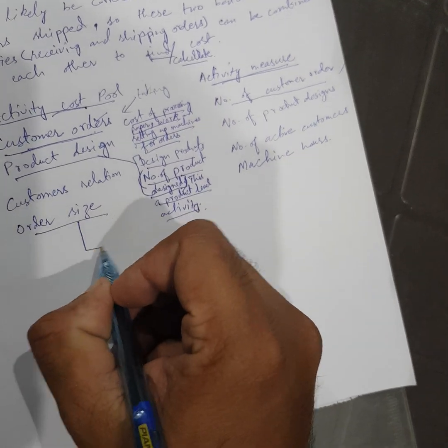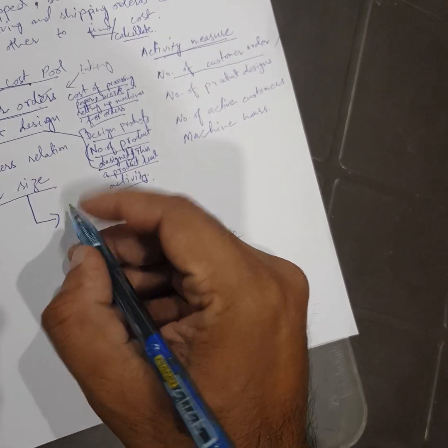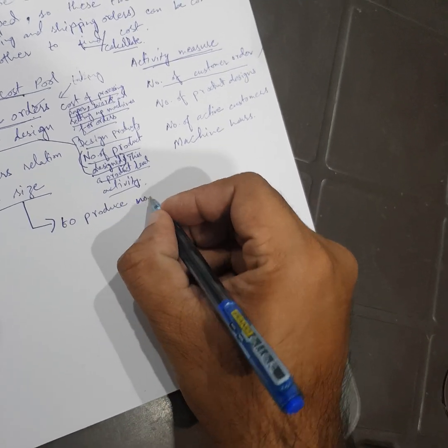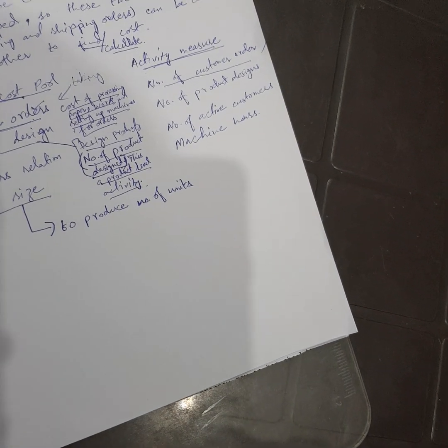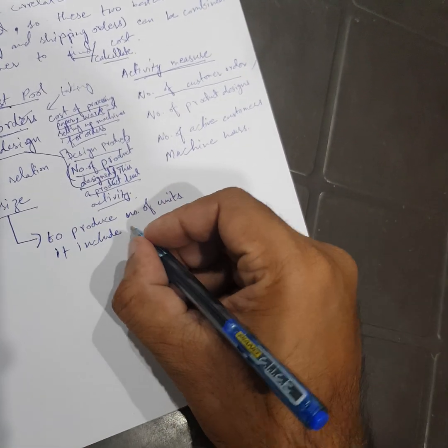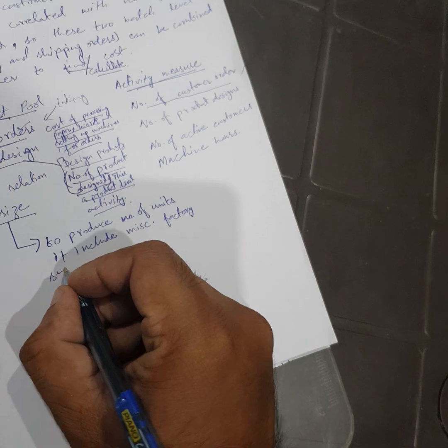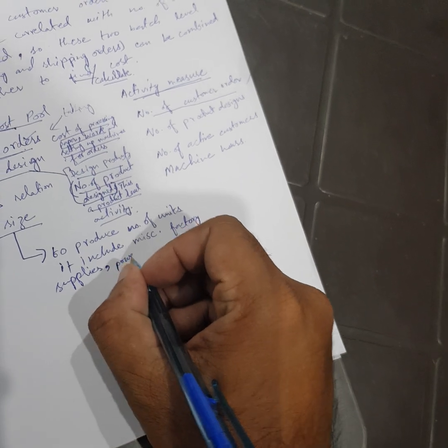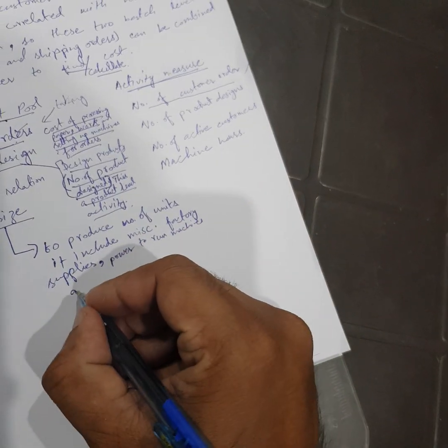In the same way, for order size, all the resources consumed to produce a number of units include miscellaneous factory supplies, power to run machines, and equipment depreciation.